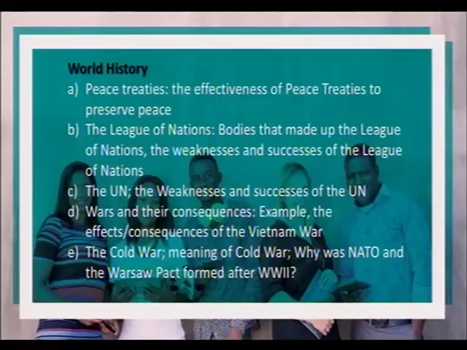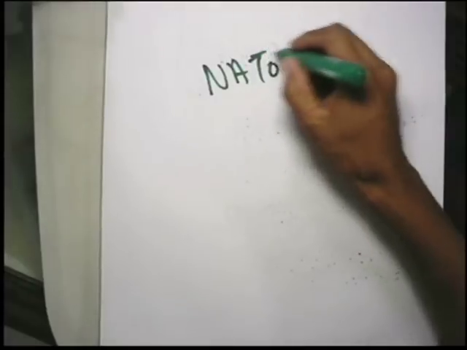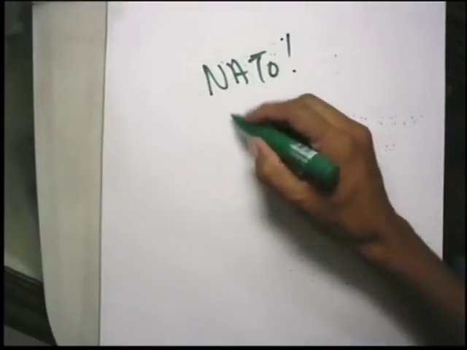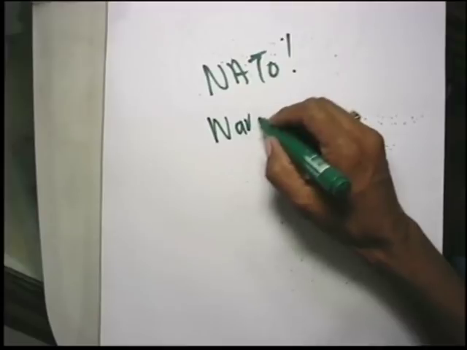Now, it's important that you know the meaning of the Cold War, and why NATO and the Warsaw Pact were formed after the Second World War. So, firstly, NATO, and then we had the Warsaw Pact.